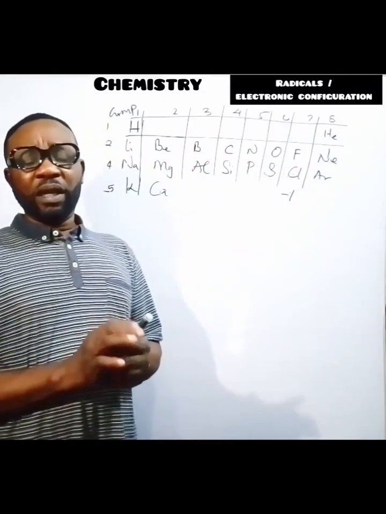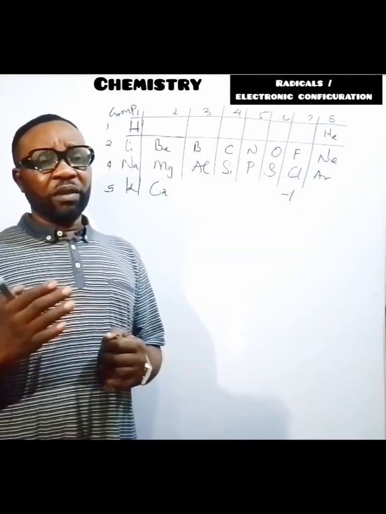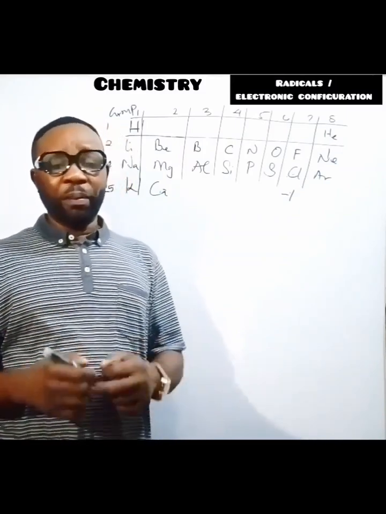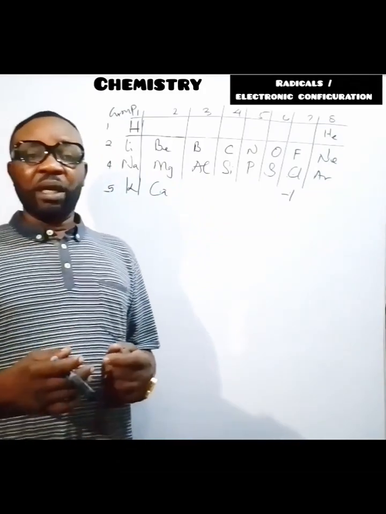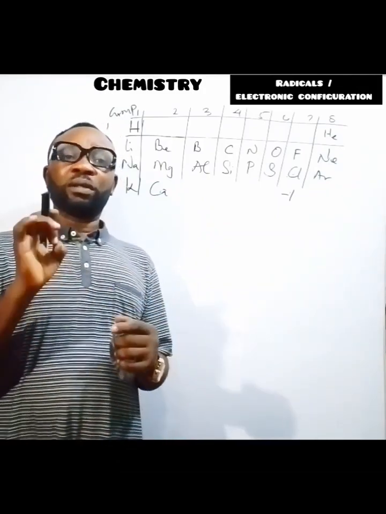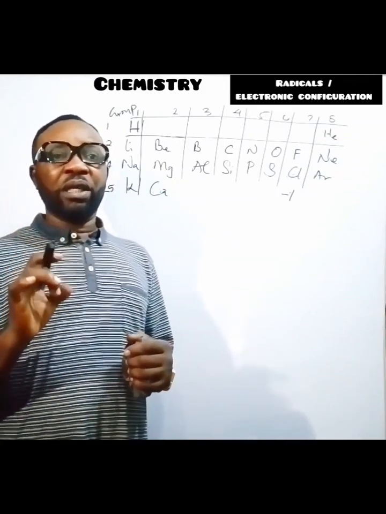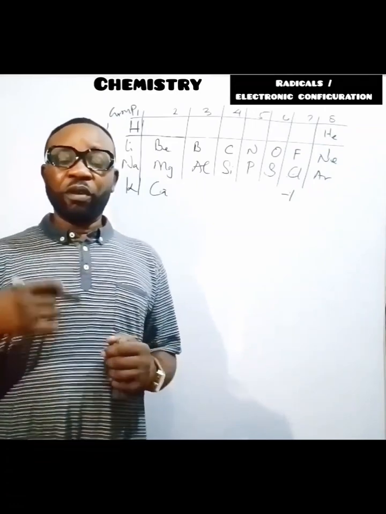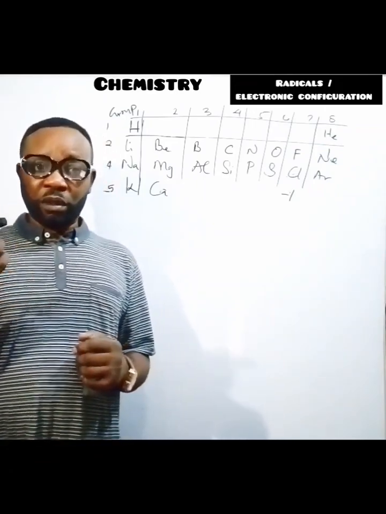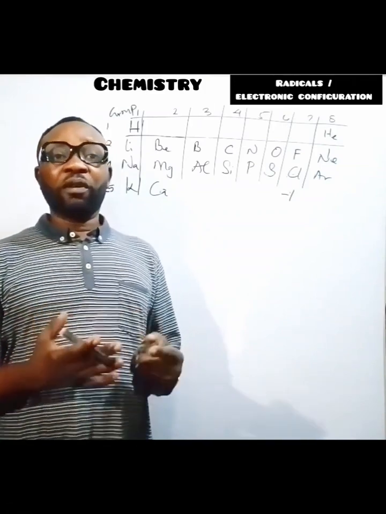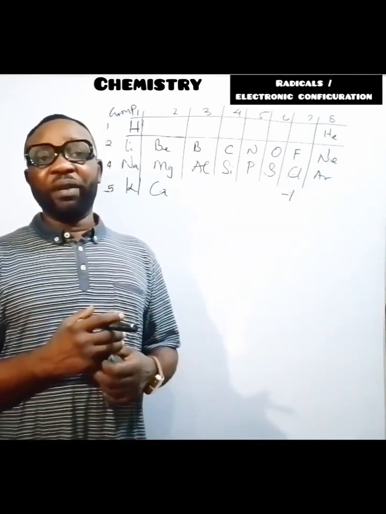Now, radicals can be either an acidic radical or a basic radical. Acidic radicals are formed when a particular number of hydrogens is removed from an acid, and the remaining atoms that are combined together in that form will form what is called a radical.